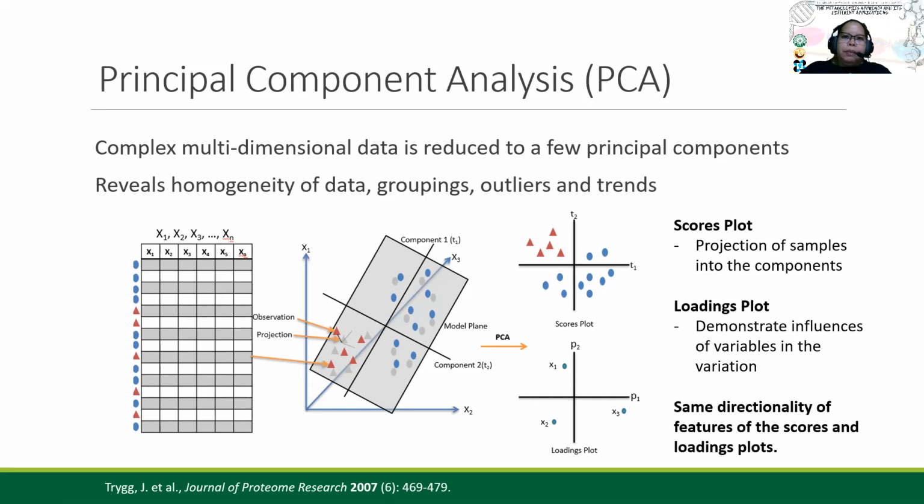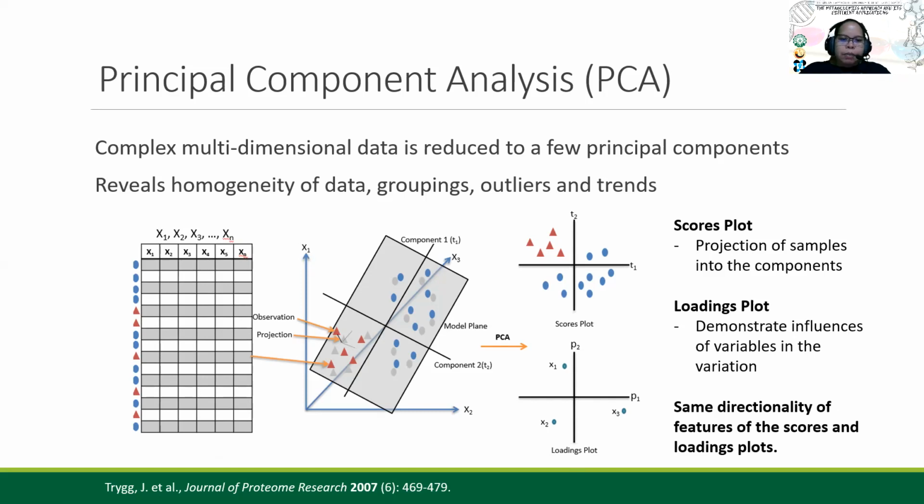So the first principal component will be the one that can explain the most variation of the data. The second principal component will then be the next component that can explain the next amount of variation in your data and so forth, until all the variation in your data has been explained.